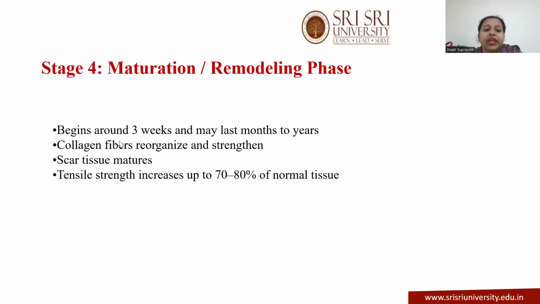It begins around the 3rd week and may last from 3 months to a year. Collagen fiber reconstruction and strengthening occur. Scar tissue matures and tensile strength increases up to 70 to 80% of normal tissue.